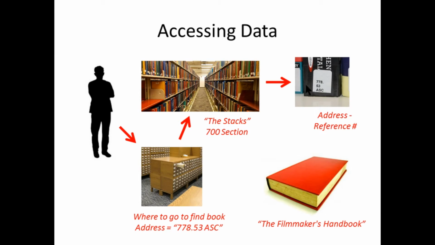And once you get the right section and the right shelf, you will look through the books and you will find 778.53. So you have used an address to refer to that book, and now you have located that book. At that point, you have found your book based on this reference number inside a catalog in the library.